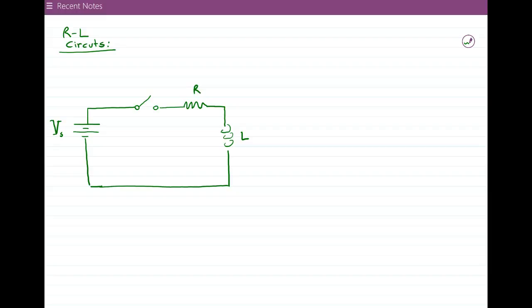Because remember, the voltage across the inductor, let's call it V L, is proportional to L times di dt. So if we're driving this with a constant voltage, that implies a constant current, and that implies di dt will be equal to 0. A long time after the switch is closed, this battery will be pushing constant current, so there will be no voltage across the inductor. Remember, what is an inductor? It's just a coil of wire.